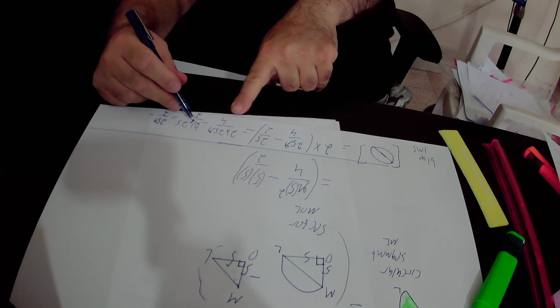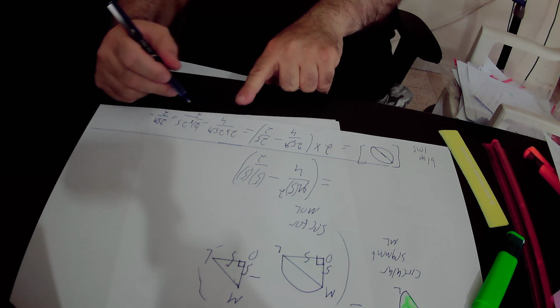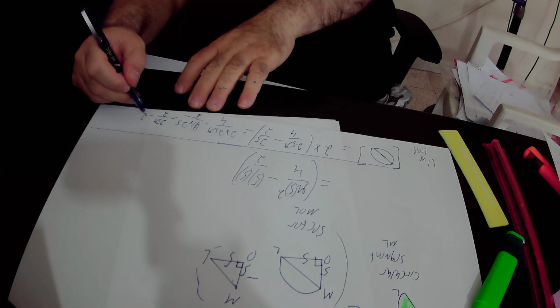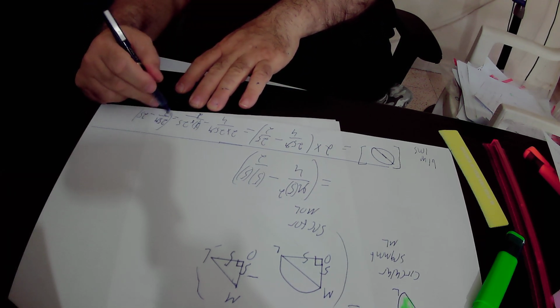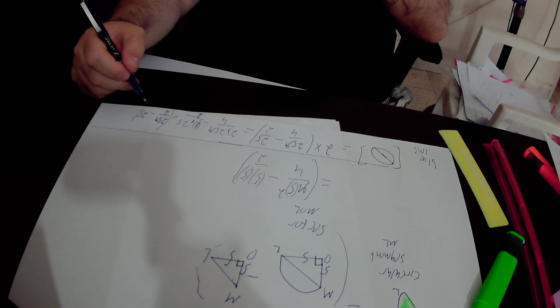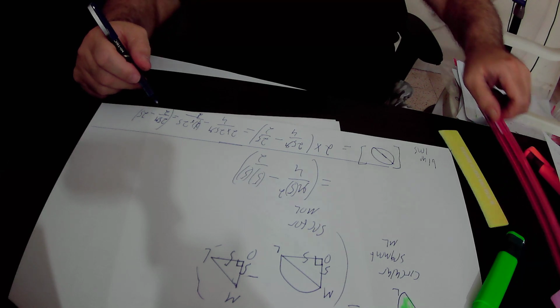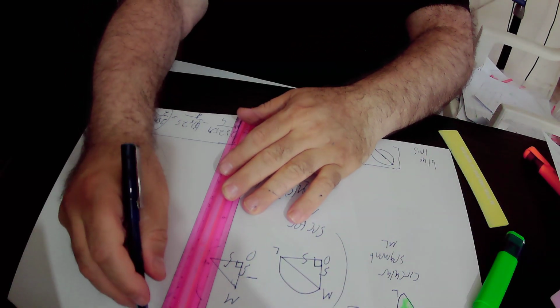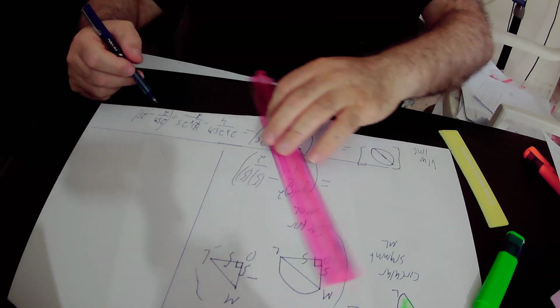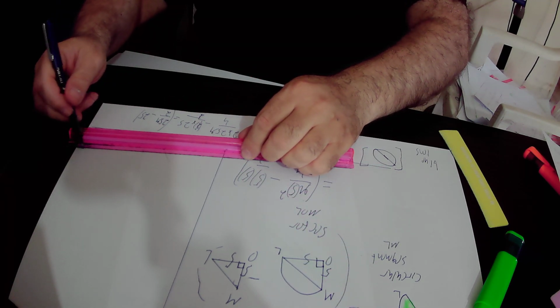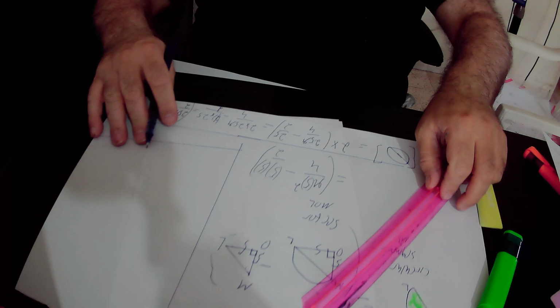And here we have 2 in the numerator and 2 in the denominator, so the 2 will get cancelled and we're left only with 25. And 25 over 2 is 12.5.